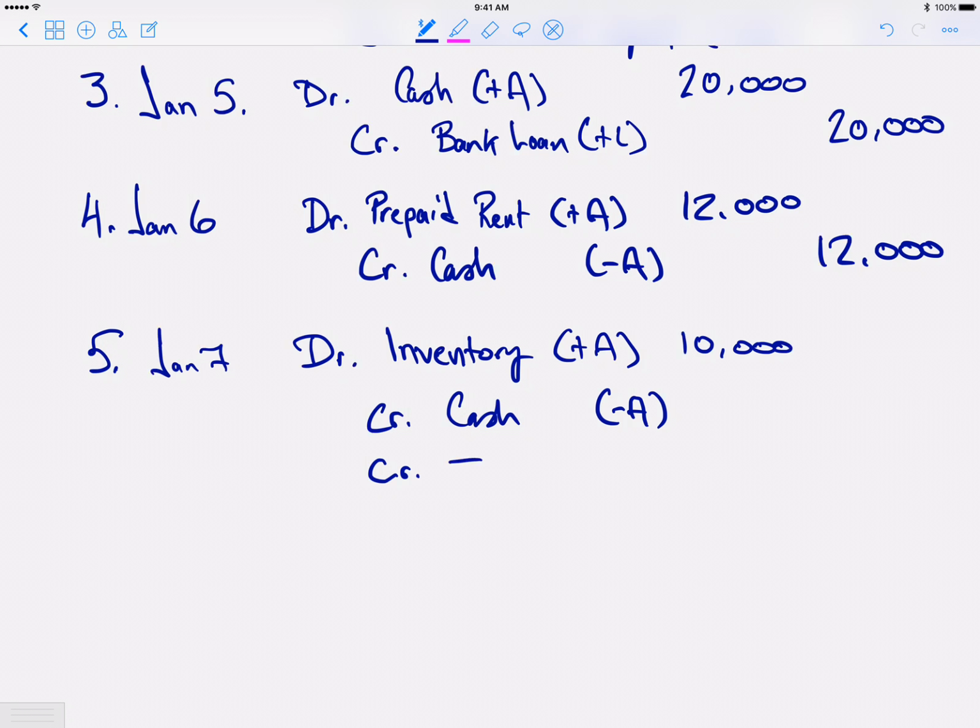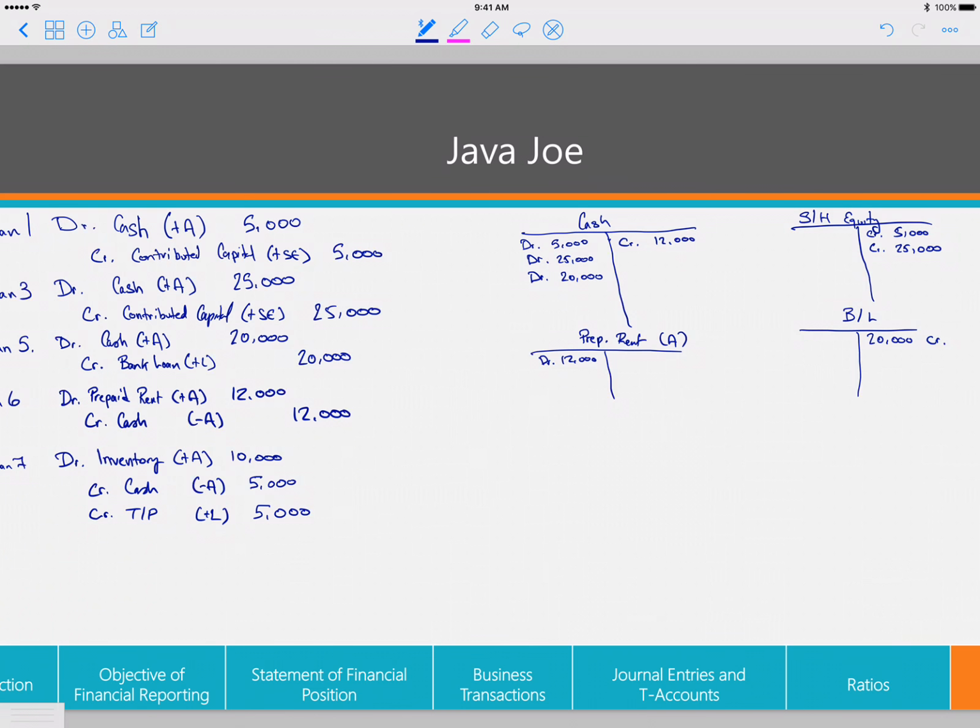And we're also going to credit trades payable. Remember, it was half on account, so half through credit. Excuse me, that is not an asset. It is an increase to liabilities. So half by cash, so 5,000 cash, and 5,000 trade payables. So let's record this.